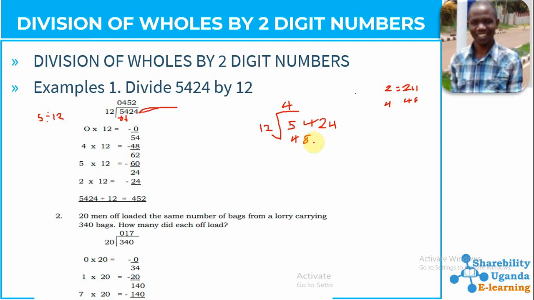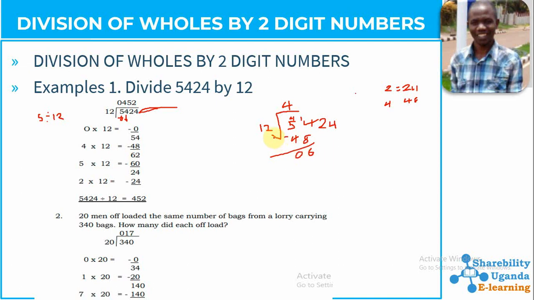Then in 48 we subtract. When we subtract this, we get here 14. We borrow 1, this remains 4. This becomes 14. 14 minus 8, we get 6. So this also remains 0. So this simply means that here we have our 4, then we are now remaining with our 6.